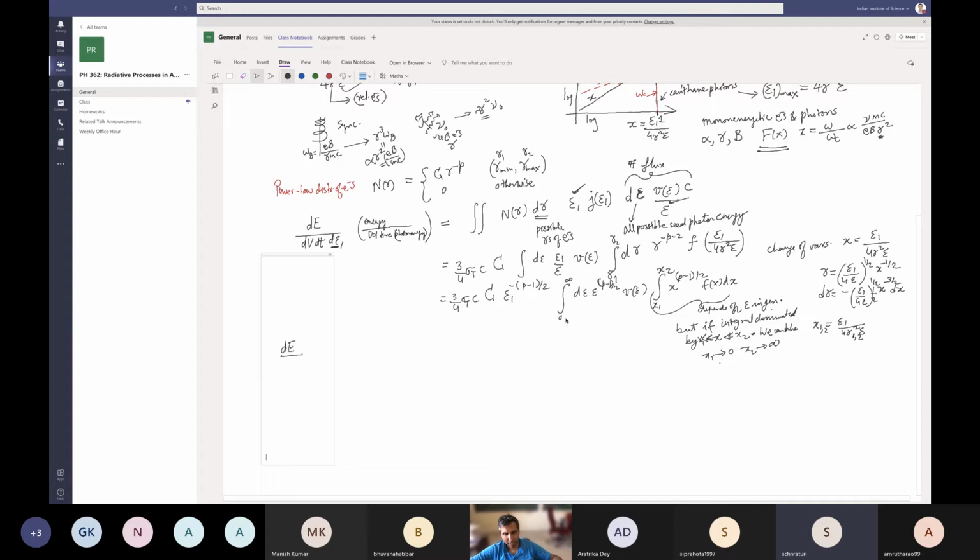But it must be restricted because of the rest mass energy of the electron. Right, that's correct. So what I'm assuming is that this integral will still be dominated by those which have m c squared by gamma. So basically, this integral also will not be dominated by the upper and lower limits.